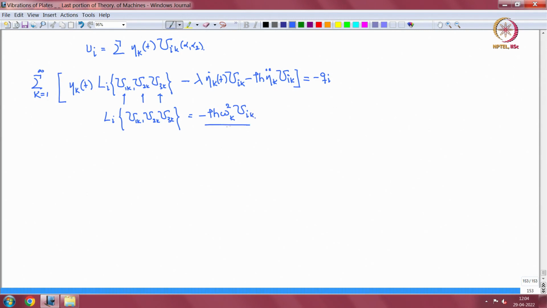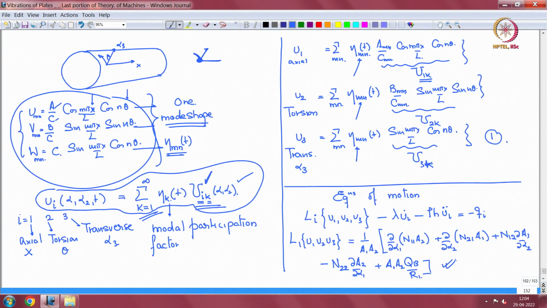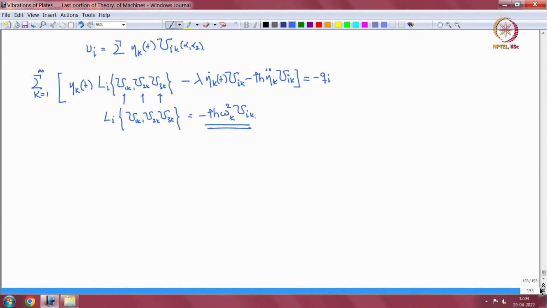This is important. Okay, so this entire thing, this operator is complicated, you see, but it amounts to this, which simplifies life.